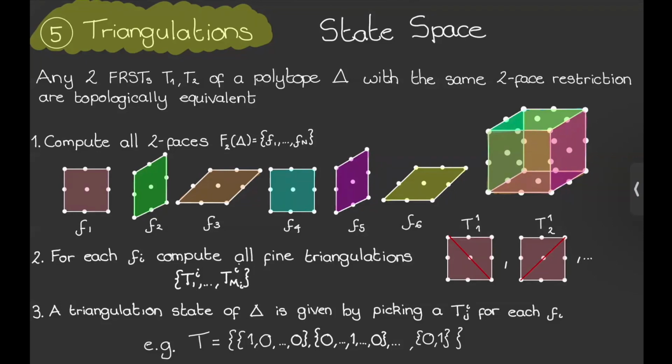So the way we encode our states is by, first of all, computing all the two-faces of your polytope. Then for each two-face, compute all possible fine triangulations. And then you define a triangulation by just picking one of the two-face triangulations for each of the two-faces. And once you have all of the two-face triangulations, there is a way of combining these to get back to your triangulation of the total polytope.